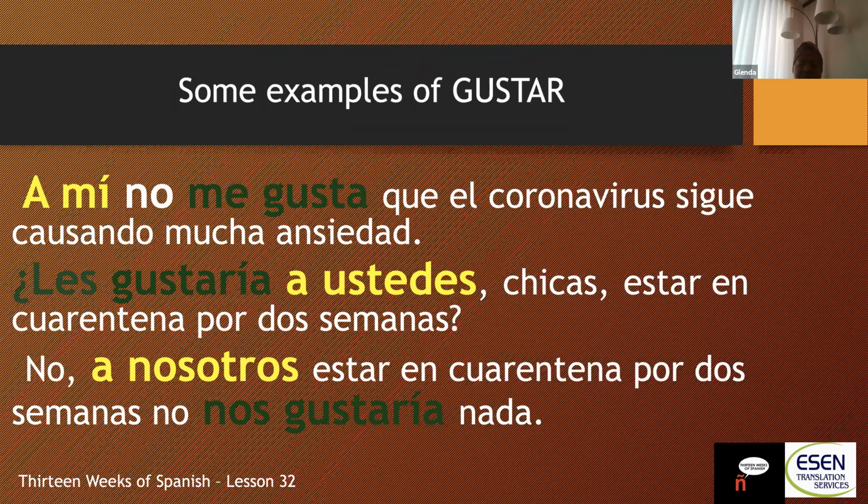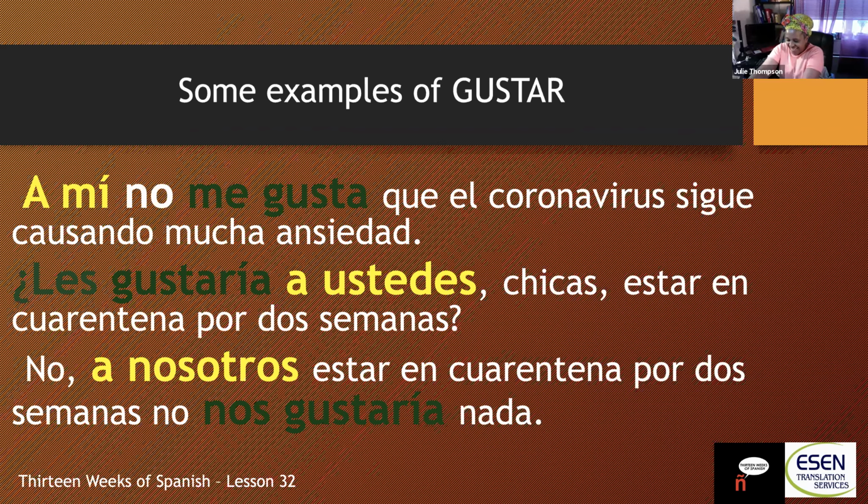And they wouldn't say a ustedes, they say nosotros. Actually, they should say nosotras, because it's only chicas that I'm talking to. So I have to change that. I always have to change something. Okay, does this sentence make sense to you?